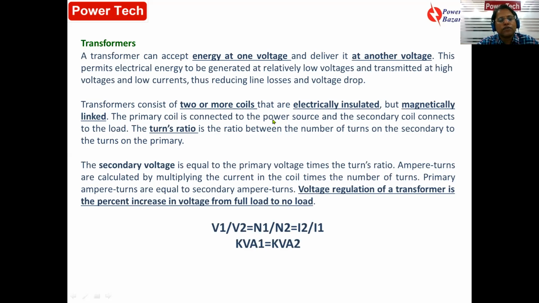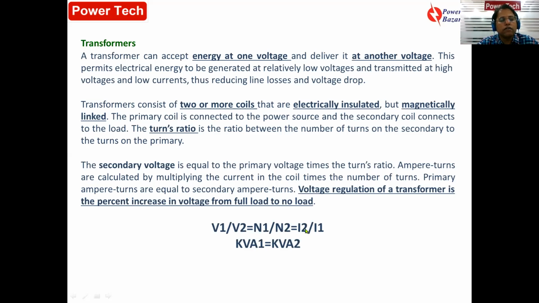So what is the normal equation? V1 by V2, that means primary side voltage divided by secondary side voltage, is equal to N1 by N2, that means the number of turns in the primary winding divided by the number of turns in the secondary winding. So the voltage is directly proportional to the number of turns in the windings.